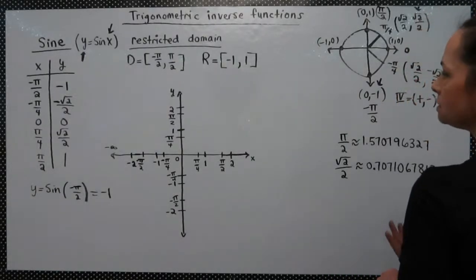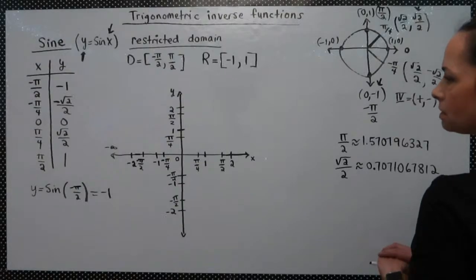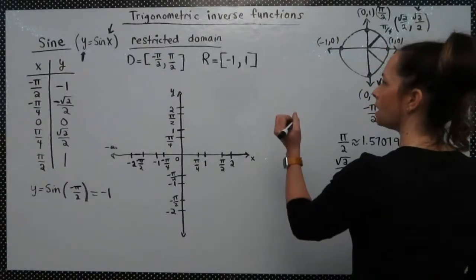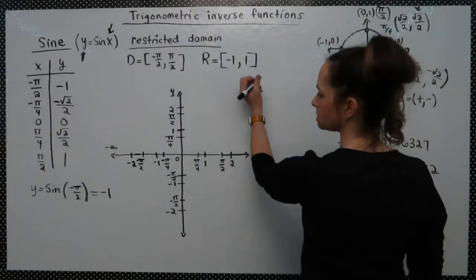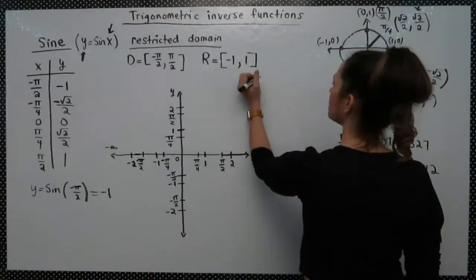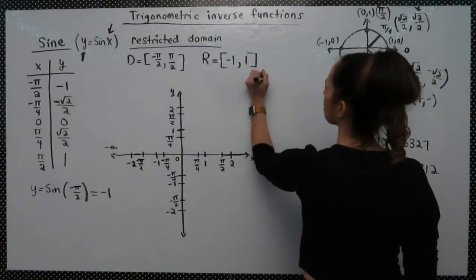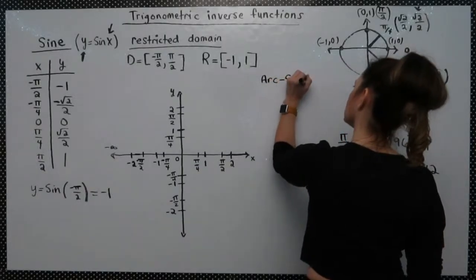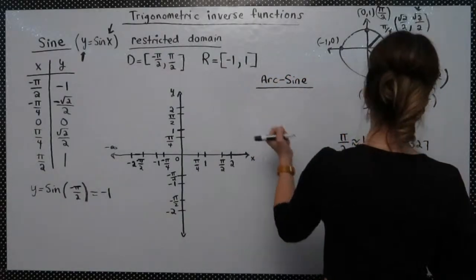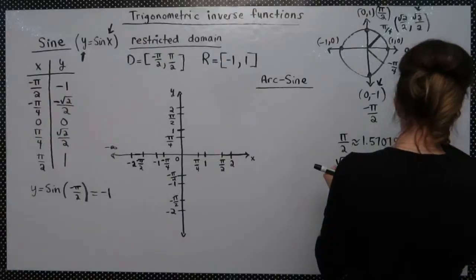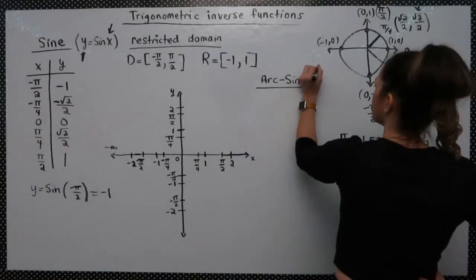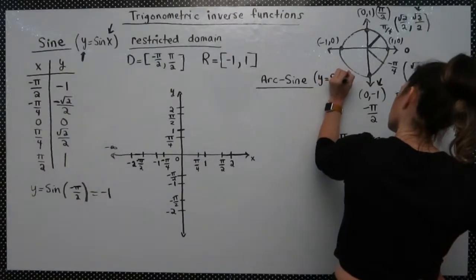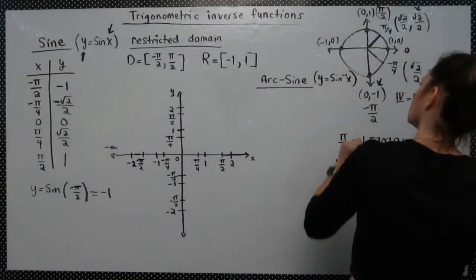Okay, so I'm going to try to fit Arc-Sine maybe here at a row. So we're going to say Arc-Sine. Okay. And in parentheses, it's y equals sine inverse of x.